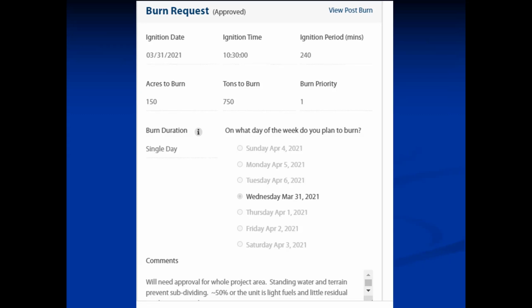When we've got 1,500, 2,000, 2,500 tons on a single burn that's applying, it's really helpful for us to know that there are 25 burns that are less than 100 tons going out there that day. And unless folks actually put them into the request site, we don't necessarily know those are out there.